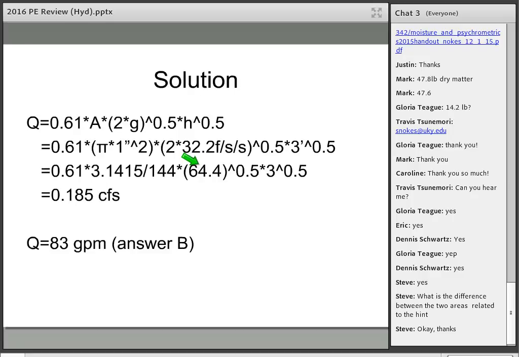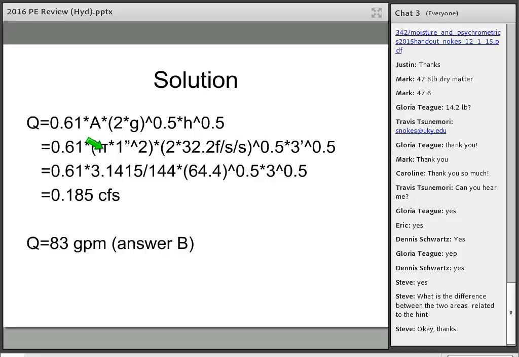So what is it? How would we go about it? Well, it's an orifice flow equation. It was a sharp one, so 0.61 is the typical coefficient. You go back and look at it and use it. You've got an area, you've got 2g raised to the square root times the head raised to the square root, because you can separate those out.